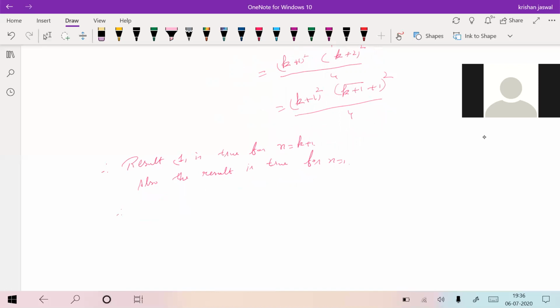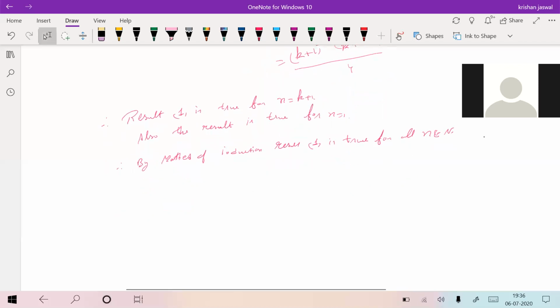Therefore, by the method of mathematical induction, result 1 is true for all n belongs to natural numbers.